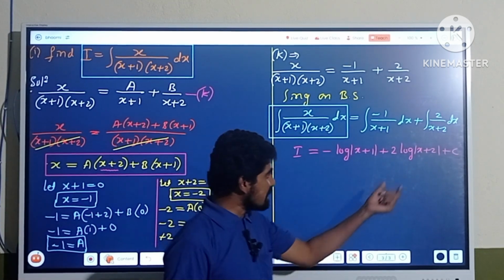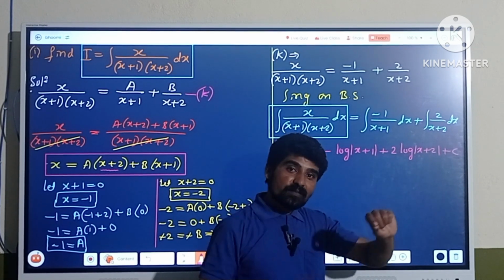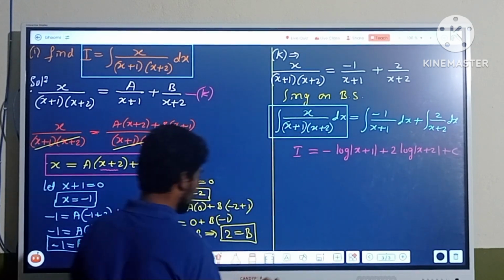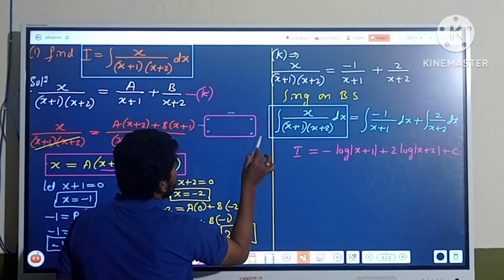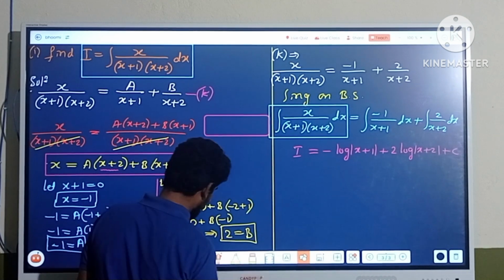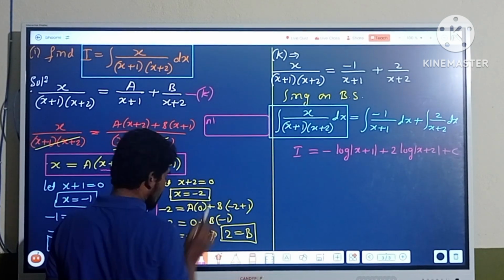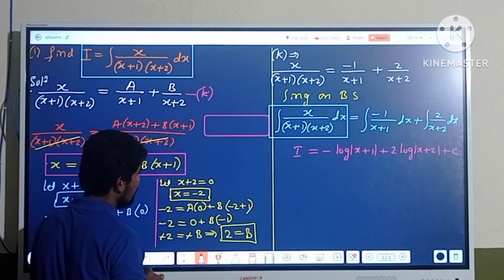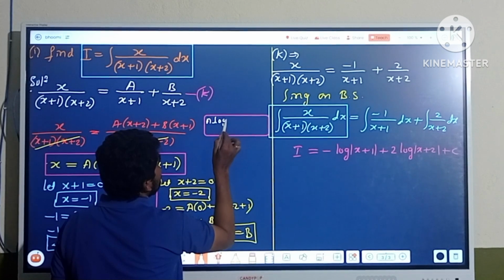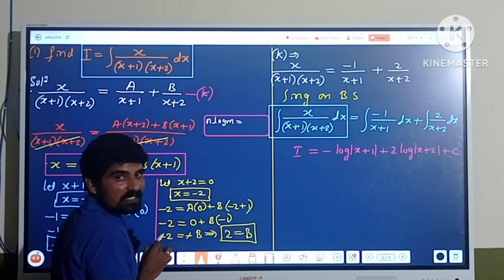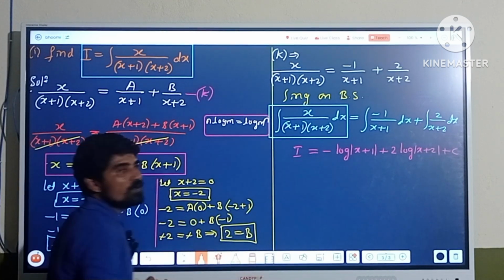Now, observe this second term, 2 log x plus 2. It can be expressed by using the properties of log. The first property is: if n log m exists, then it can be expressed as log m power n.